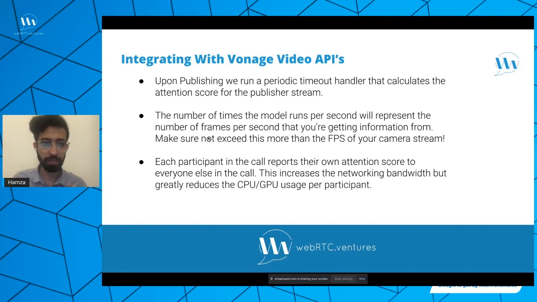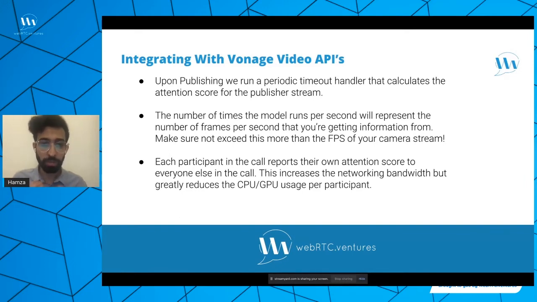Basically, the publisher, me, will use my stream to calculate an attention score for myself, and then using Vonage's signaling API, I will send that to everyone else in the call. So I'll calculate my own value, let's say it's 2.7, and tell all of the other 5 people in the call, hey, my attention right now is 2.7.